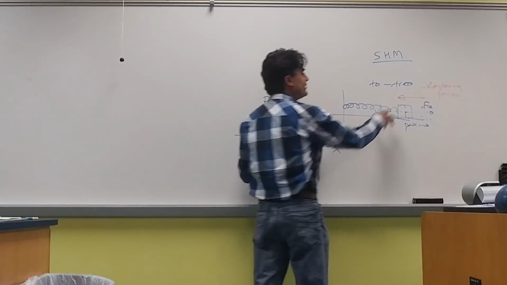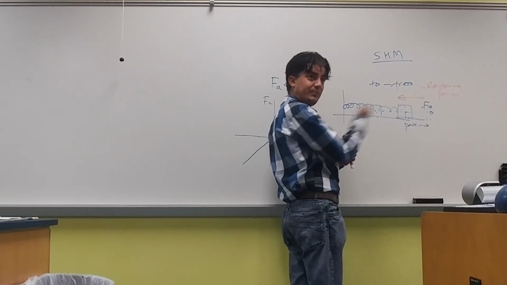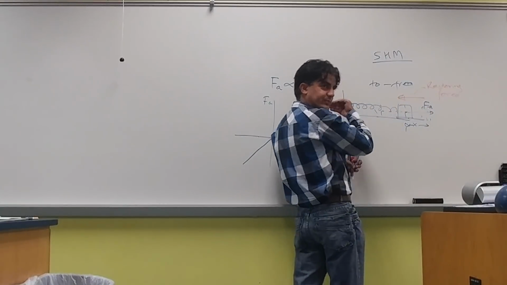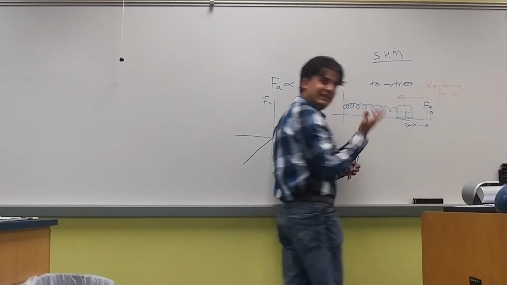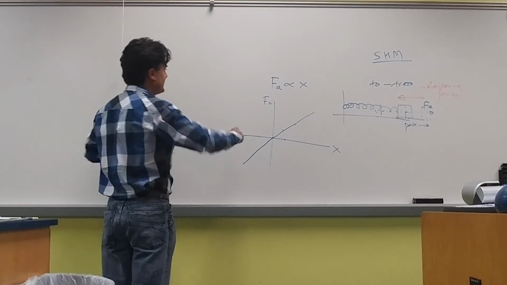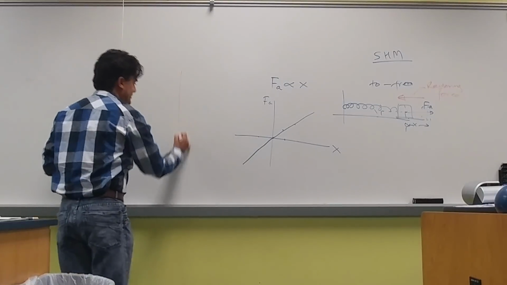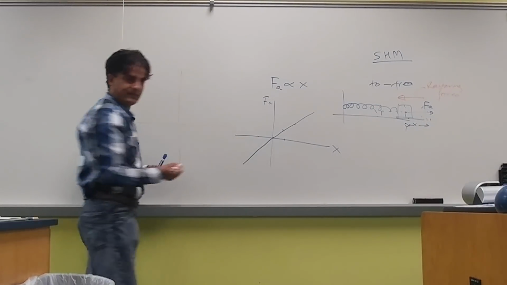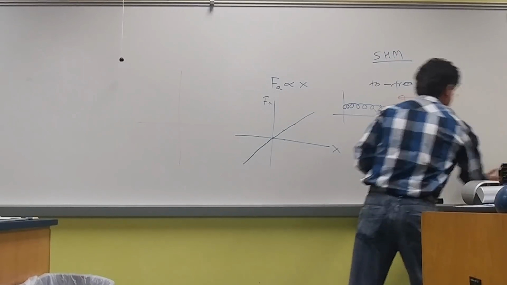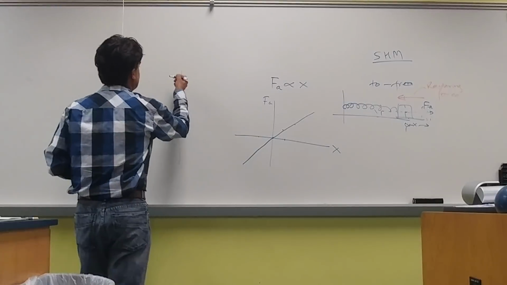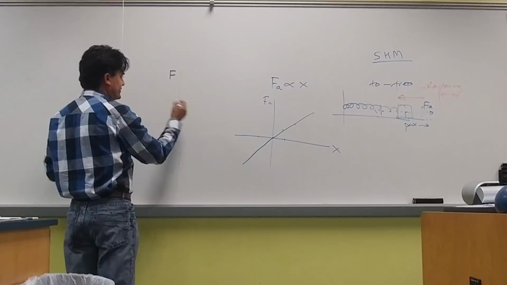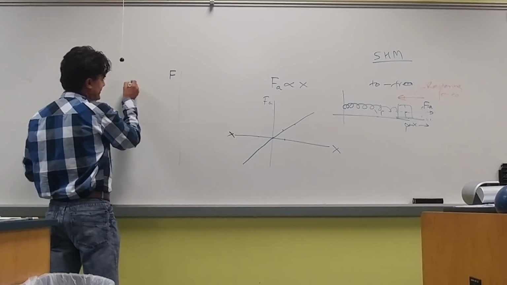But if you think of the force applied by the spring, it is just the opposite. If I displace this way, the spring will pull this way. The magnitude will be the same as my force. But if you plot a graph of restoring force F versus x, it will be the other way.